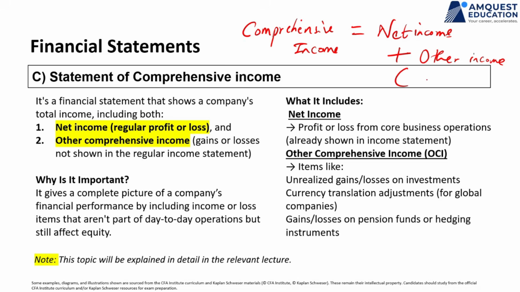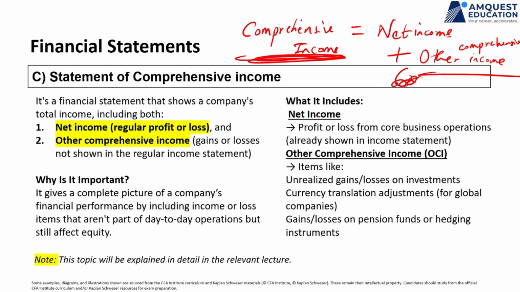Right? This could be income from any other sources which are not related to the business. So net income and other comprehensive income, right? Let's call it other comprehensive income. And these are different. This is other comprehensive income. This is comprehensive income. They're different words, right?